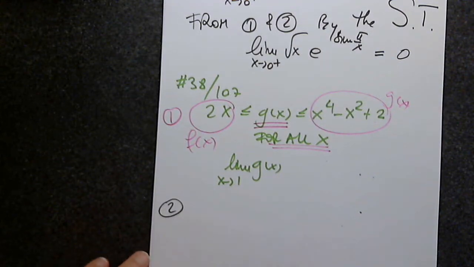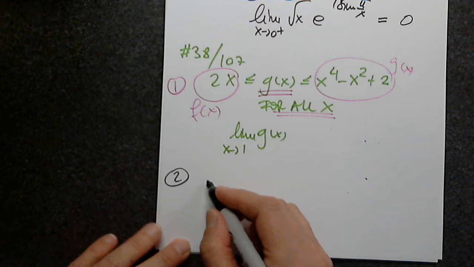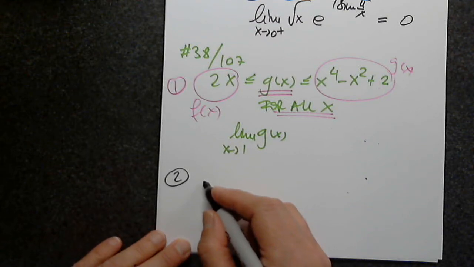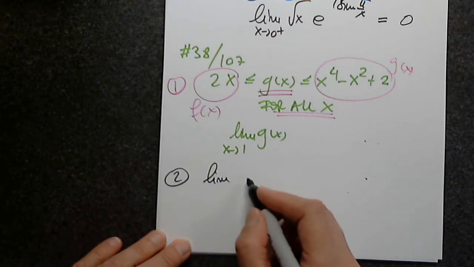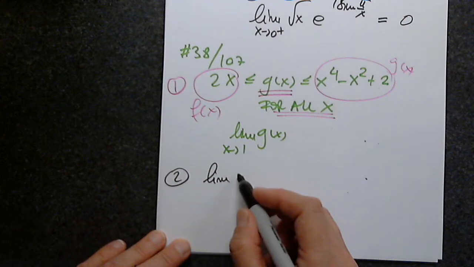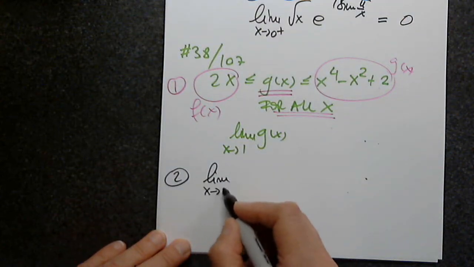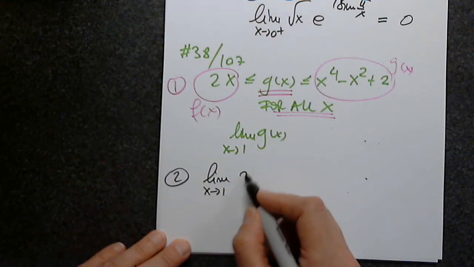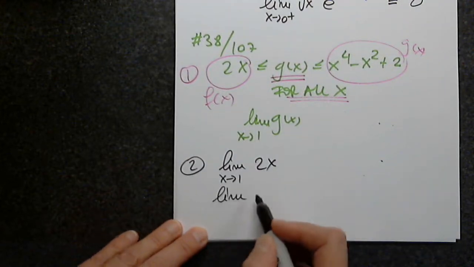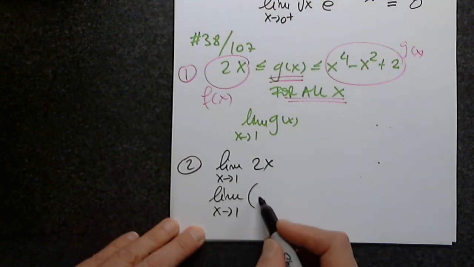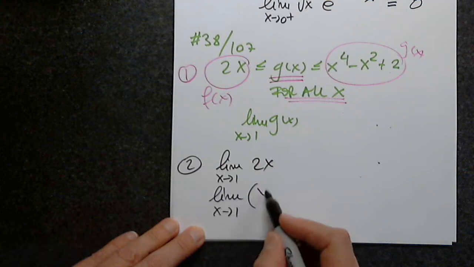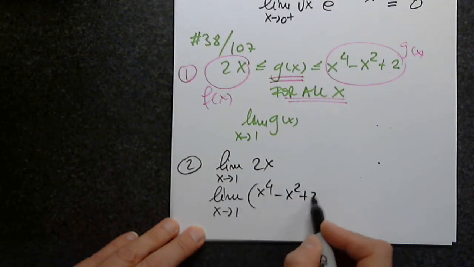In the second part of the theorem, I have to find the limit, yes, from the left, excellent. And I also have to find the limit as x approaches 1 from the right, yes.